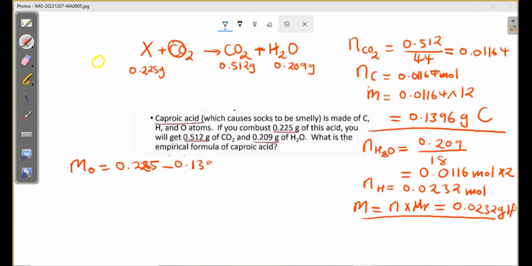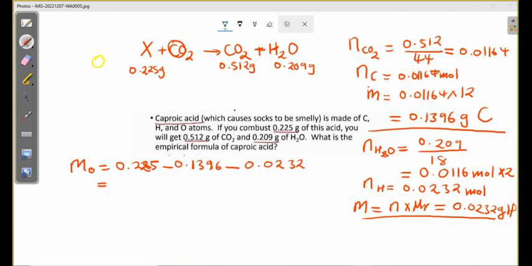What are we going to get there? 0.06 grams.